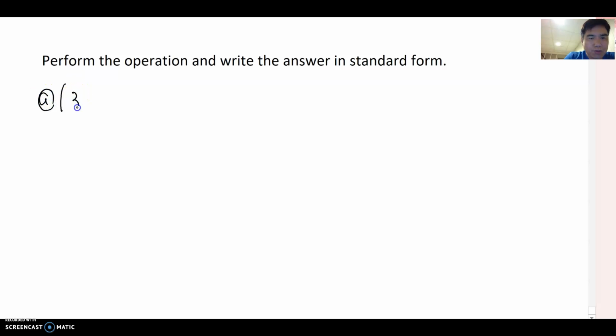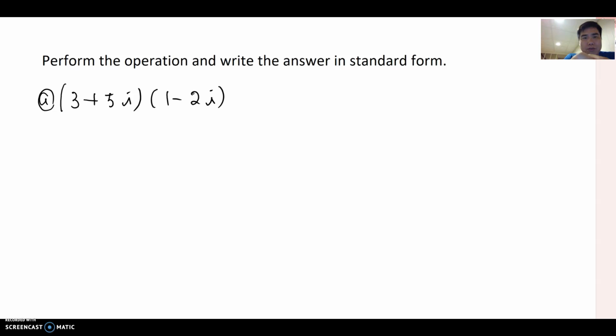So the given question is 3 plus 5i times 1 minus 2i. Even though these are complex numbers, this time we are doing multiplication, which means we want to use the FOIL method on this expression.